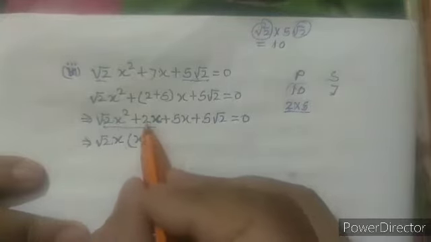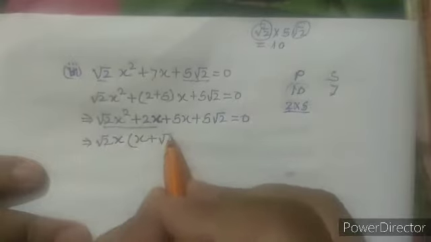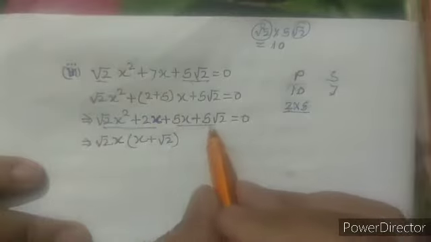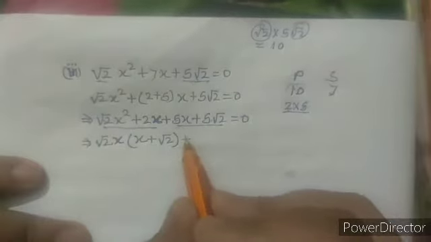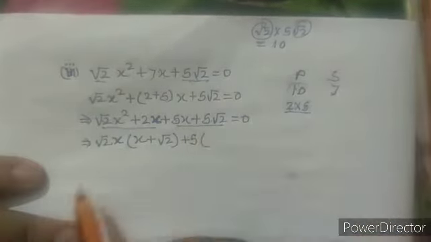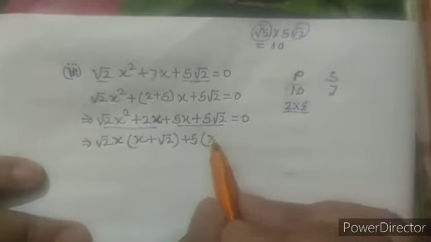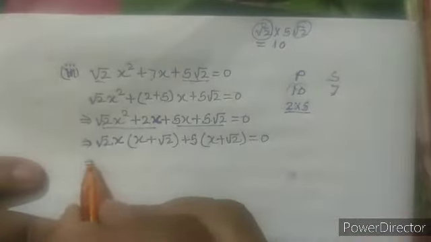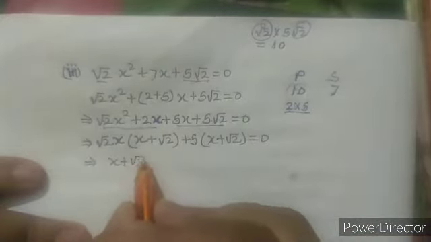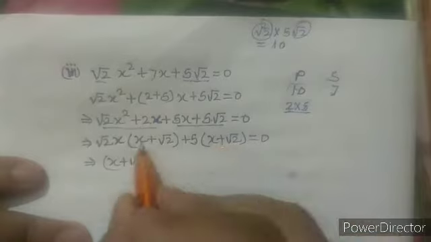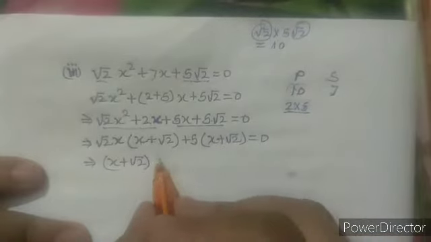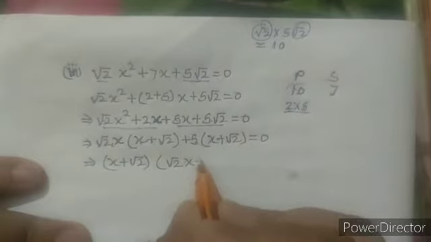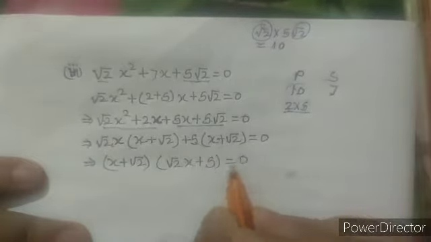Now plus 2 divided by root 2 will be root 2, and x we have taken as common. Now in last two terms, here 5 is common, plus 5 we will take as common, and this will give us x plus root 2, and that equal to 0. Now we can say that x plus root 2 is common factor in these two parts, and remaining is root 2x plus 5, and that equal to 0.